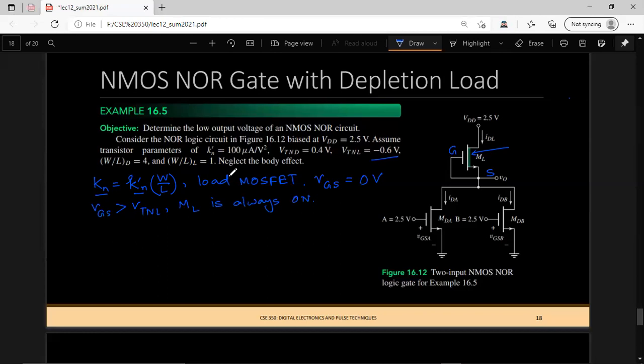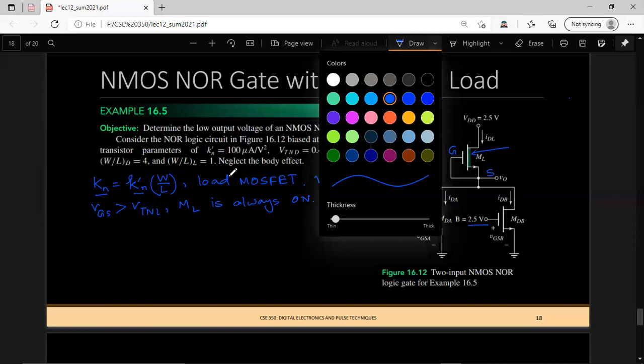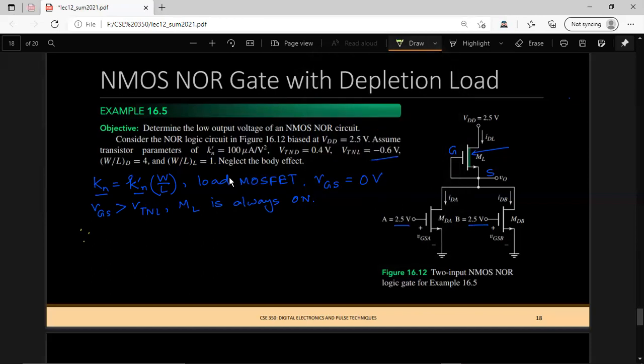ML could operate in saturation or triode mode depending on the output voltage. So we cannot say for sure what the operational mode is. But for these input voltages, we can make a very good educated guess. So what should our guess be here? Because this is a NOR circuit and the input voltages are high, the output voltage would be small.